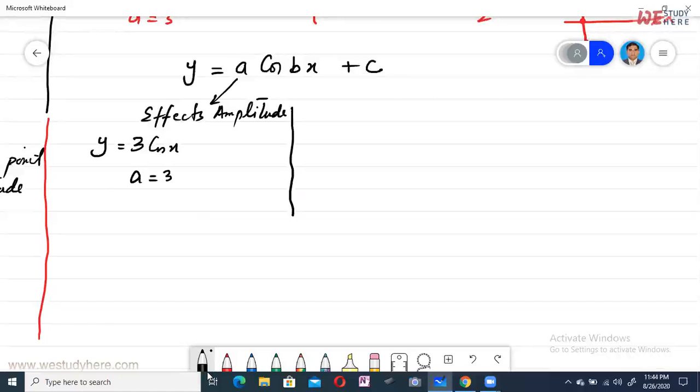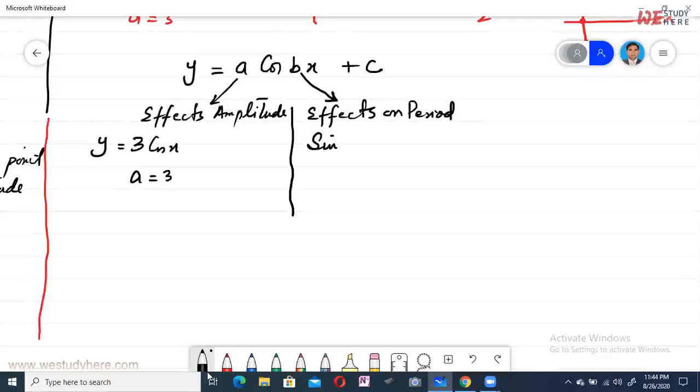Then after that, how will b work? B affects the period of the function. Suppose the function is y is equal to cos bx.